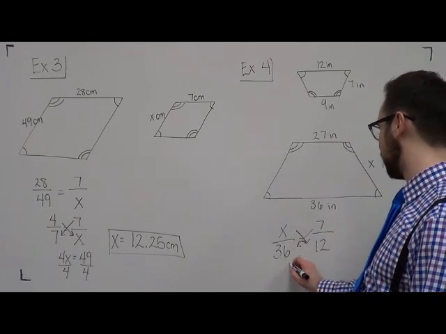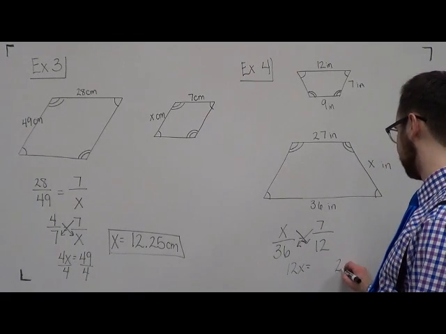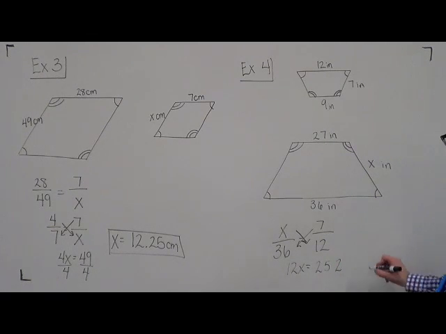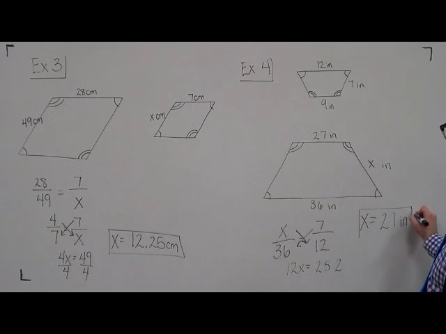So we end up with 12x is equal to 252. When we divide by 12, we end up with x is equal to 21 inches. You would get the exact same answer if you lined up with the 27 and the 9. That would be okay as well.